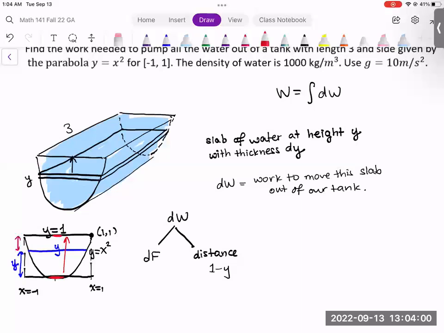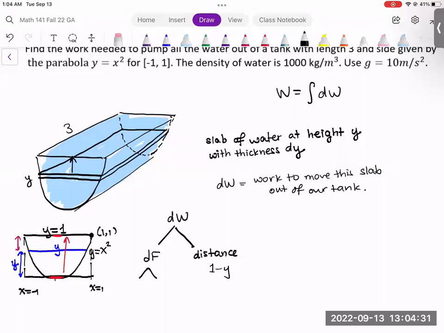Next, we want to figure out the force that we need to move this slab. So to find this force, we're going to use mass times acceleration. Because gravity's pulling down, we want to balance gravity out, so we need to counteract gravity.